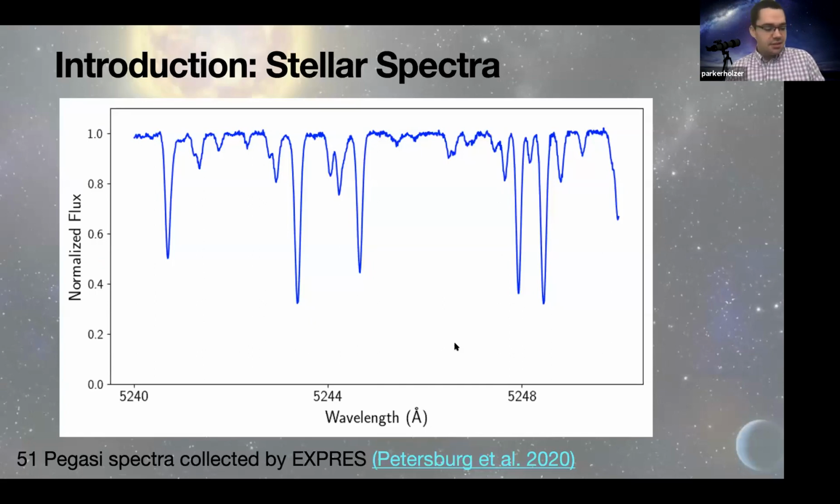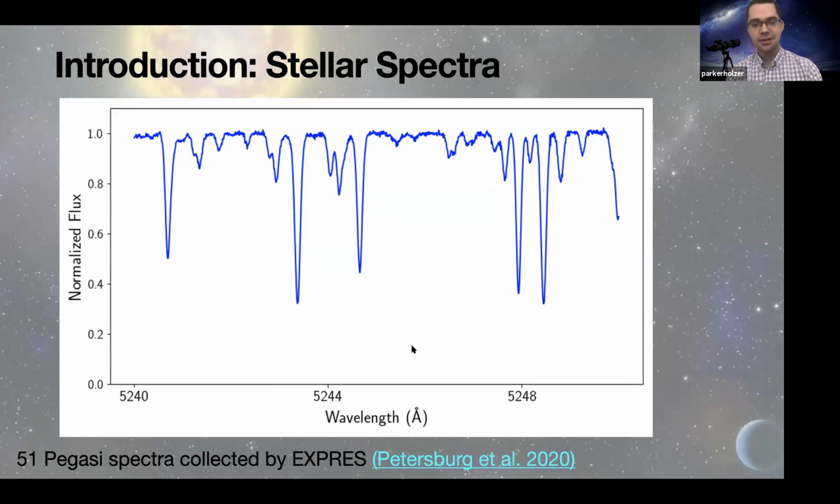Now, I mentioned that the data that we use in the radial velocity method is the light from the star. More particularly, it's referred to as a stellar spectrum. And this is a picture of a stellar spectrum for the star 51 Pegasi as collected by the Express team at Yale.